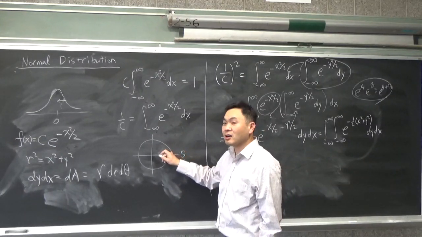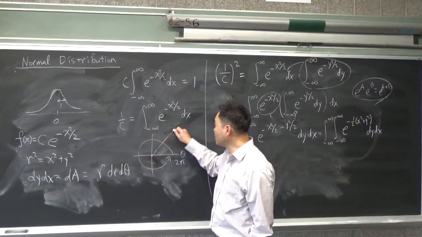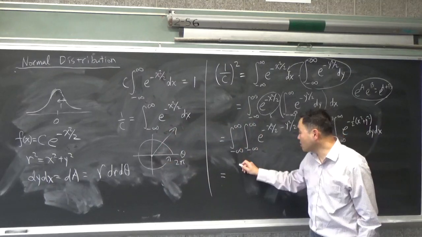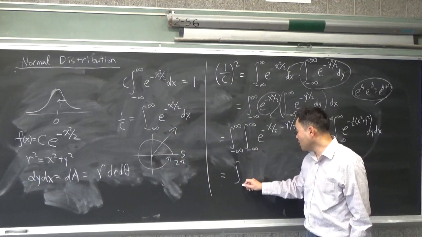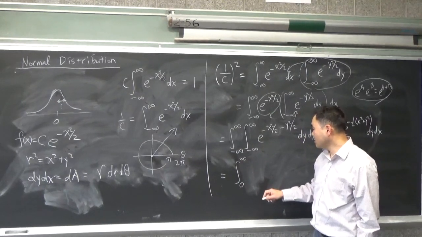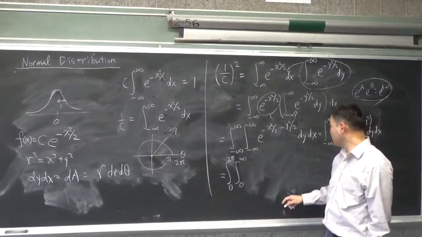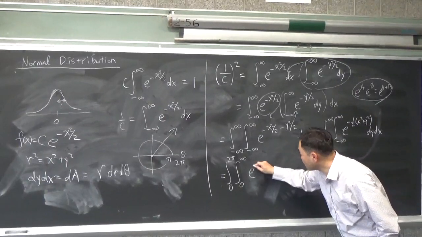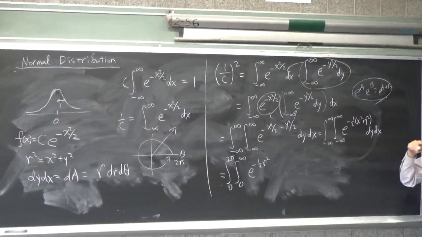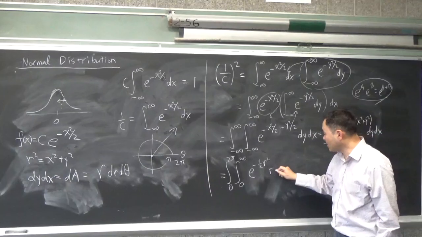All right, and then r goes from 0 until infinity, right? So what you have is the integral from 0 to infinity for r, and then the integral from 0 to 2 pi for d theta of this object e to the negative 1/2 r squared, because x squared plus y squared is r squared. And then dy dx is now changed to r dr d theta.